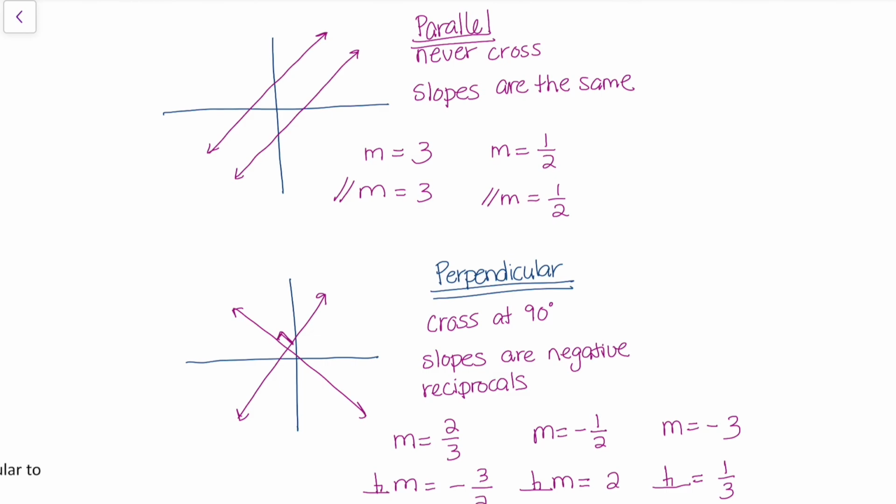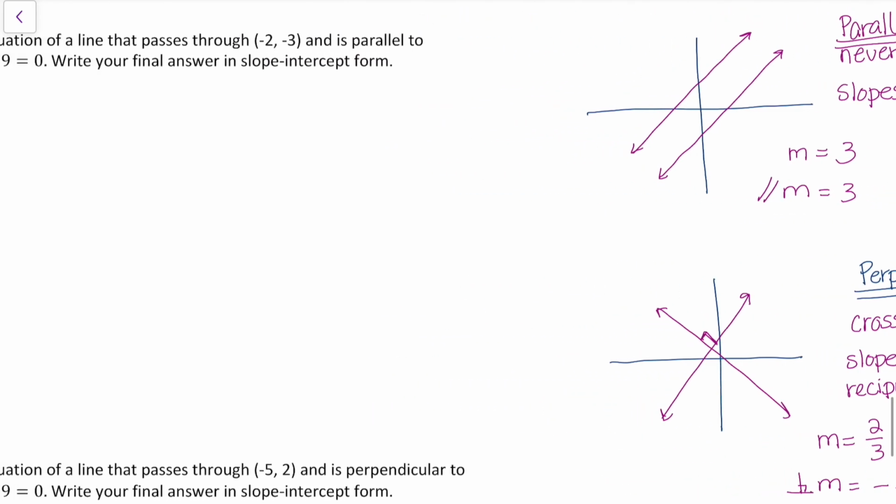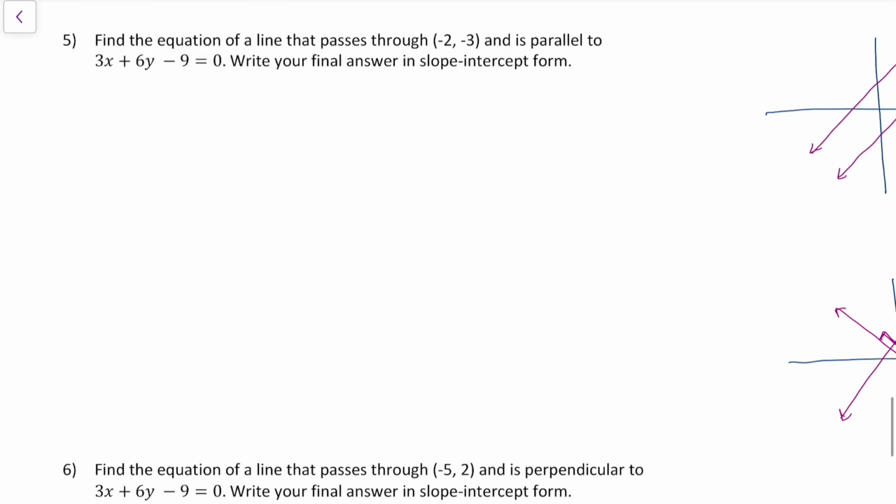Okay, so the other way that they might tell you information about the slope is by telling you they're parallel or perpendicular to another line. Let's look at some of those examples. So find the equation of a line that passes through the point -2, -3, and it's parallel to this line.